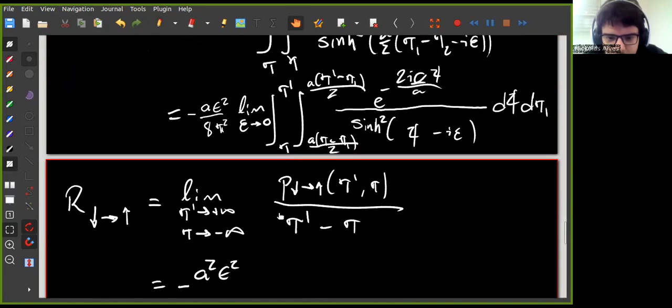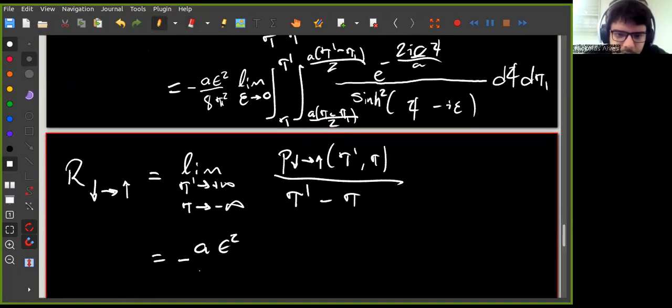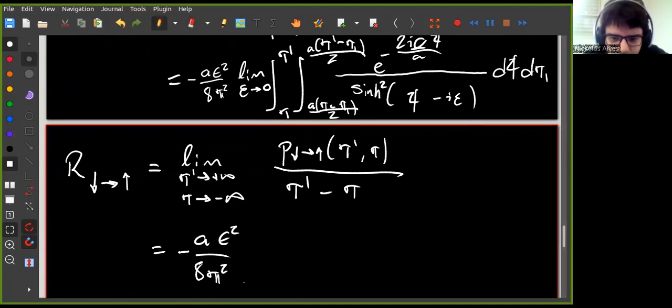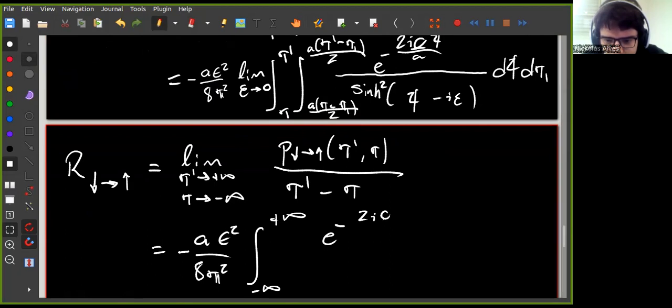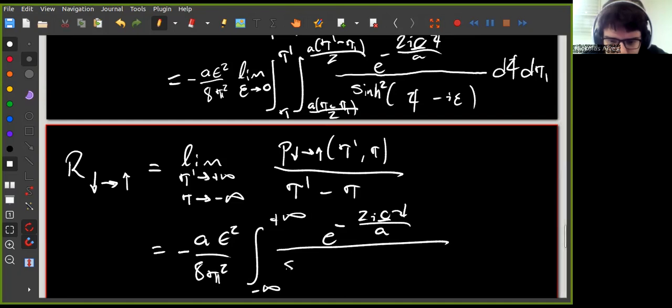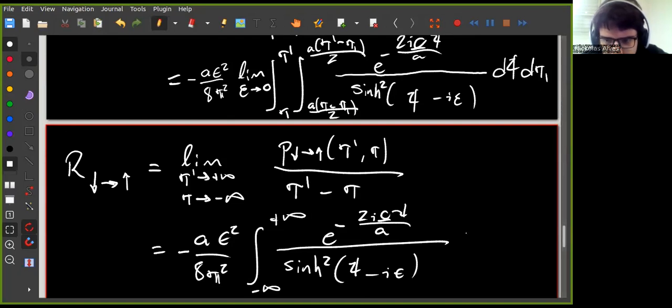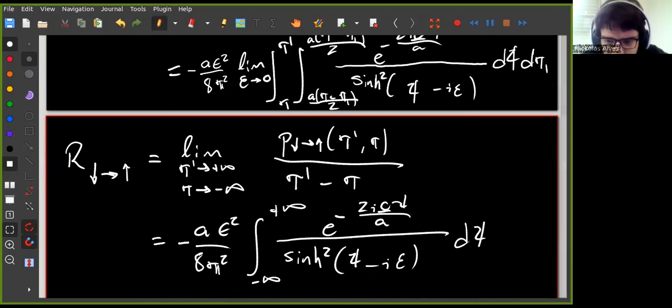All right. So now we have here minus a epsilon squared over 8 pi squared. One of the integrals is going to be cut off with this denominator. The other one simply becomes minus infinity to plus infinity of e to the minus 2i omega psi over a, divided by sinh squared psi minus I epsilon, d psi.